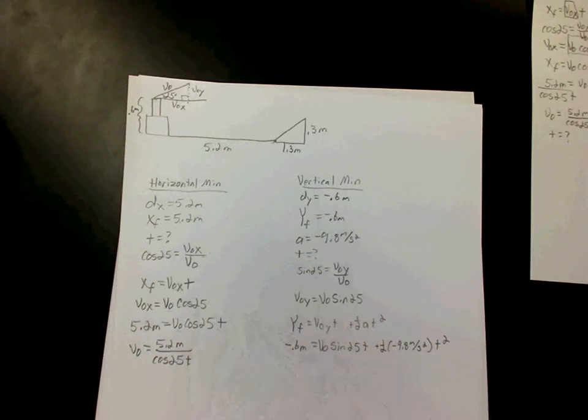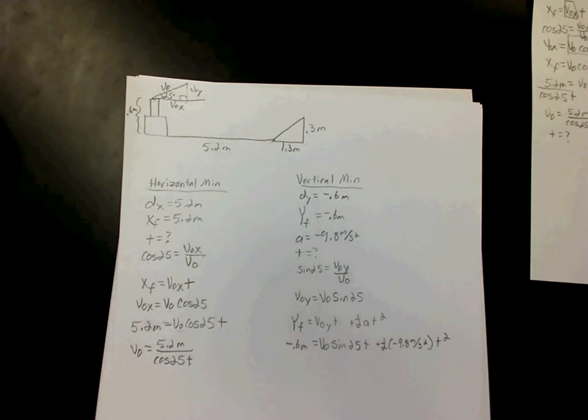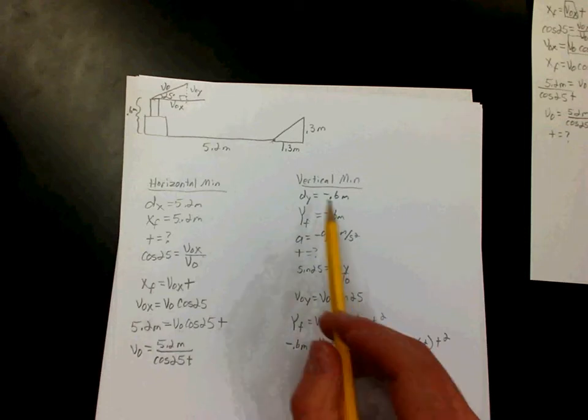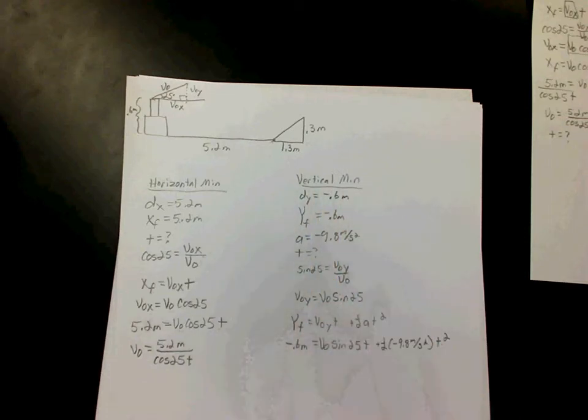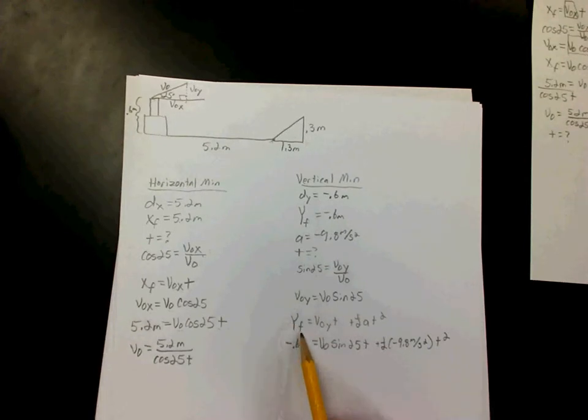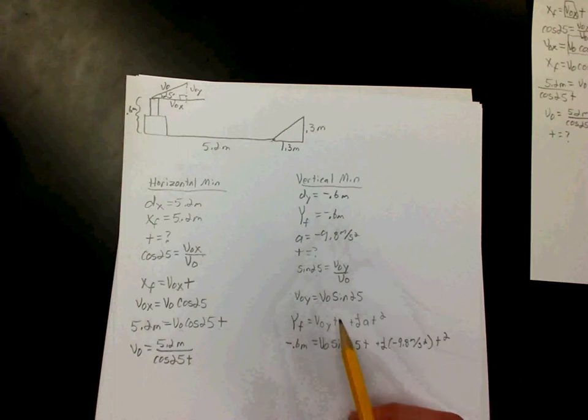Now we're ready to go into a kinematic equation. If you're thinking about the fourth equation, I just said it's the yf instead of the xf, because that's what we're dealing with in the vertical situation. So y final equals the initial velocity in the y direction times time plus 1/2 a t squared. My yf, I pulled from right there, negative 0.6 meters.